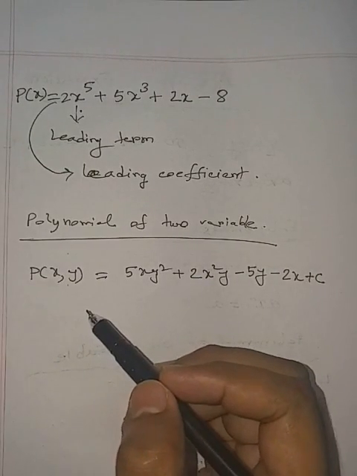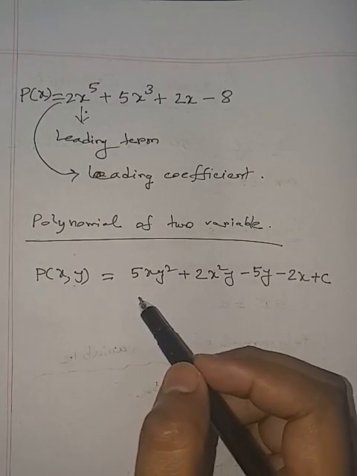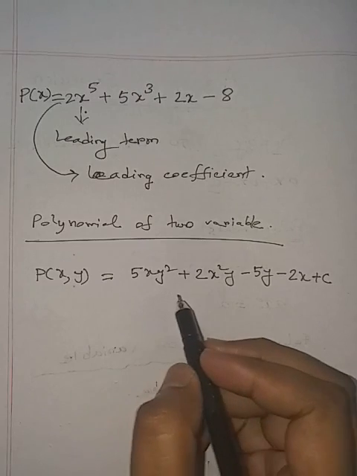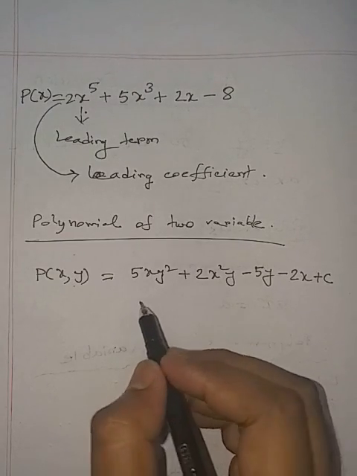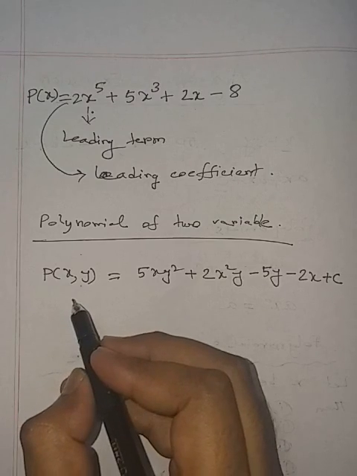So generally the polynomials are written in the descending order of the powers of the variables, and that is called the standard form of the polynomial. So a polynomial of two variables is like this.